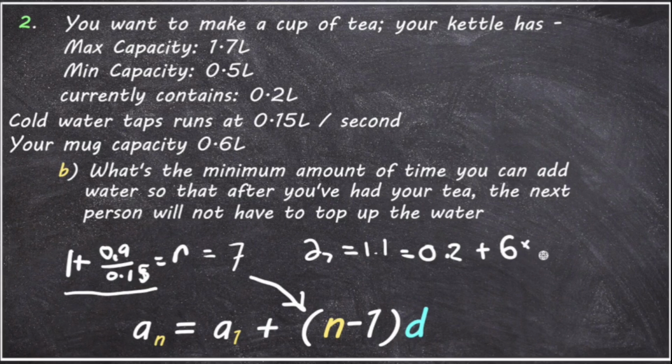And that's multiplied by the difference, which is how many liters of water goes into the kettle from the tap every second, and that's 0.15. But the part we need to focus on is that you have the initial value, which is 0.2 liters, and then you add 6 times 0.15 liters. And that means you'd have to have the tap on for a minimum of 6 seconds, so that once you've made your cup of tea, the next person will not have to top up the water in the kettle.